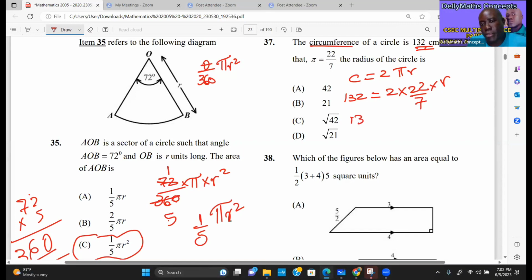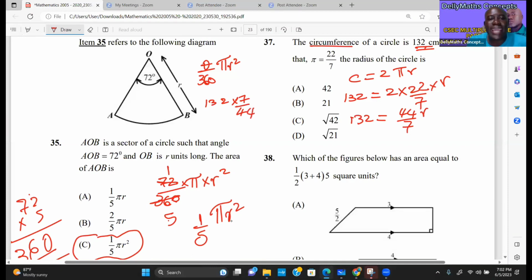Let me take my time. 132 is equal to 44/7 with a r. Yeah? So bottom line is this. You can see that you're going to multiply by 7 and divide by 44. So it's like the reciprocal of this. So it's like you're going to have 132 multiplied by 7 over 44.